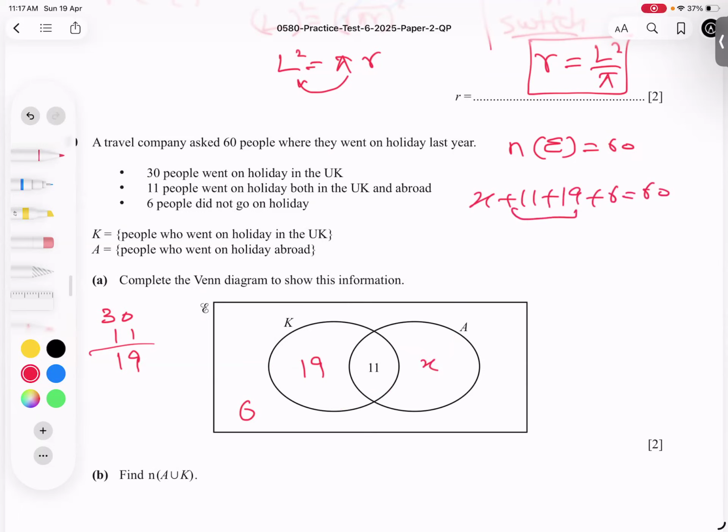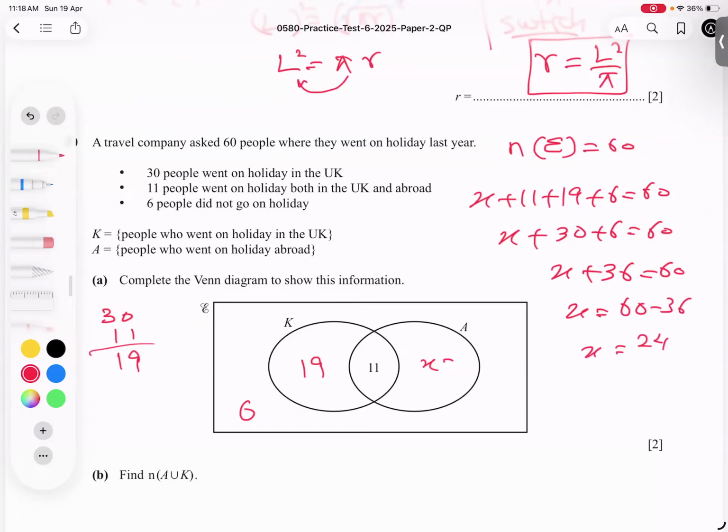This becomes x plus 30 plus 6 equal to 60. x plus 36 is equal to 60. So when I subtract, what do I get here? 60 minus 36 is 24. So this x value becomes 24. I think the point is very clear.